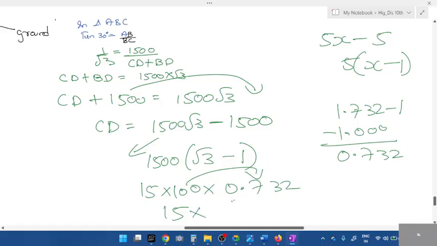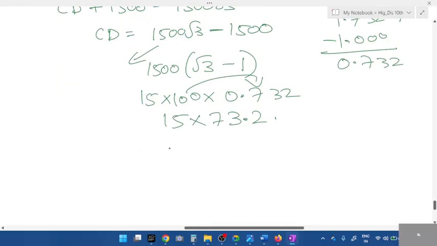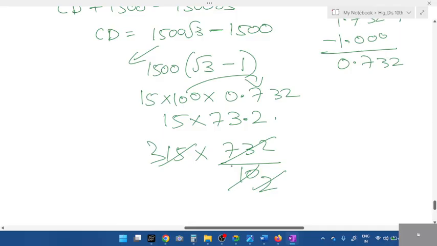How many decimals should I move? Two positions. Very good. 73.2. You can multiply 73.2. If I want to remove the decimal, I get 15 into 732 divided by 10. Cancel it like this. Did you all understand? Is this clear?